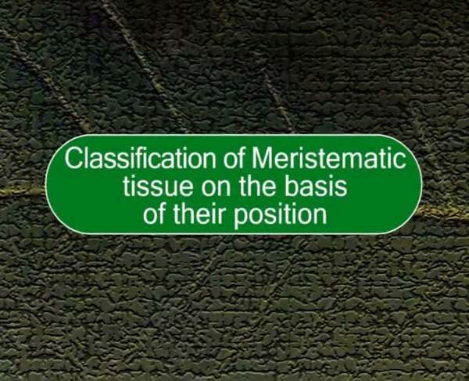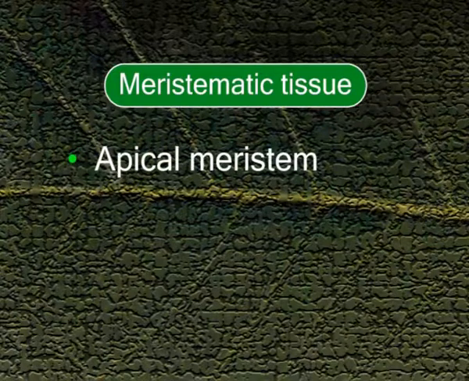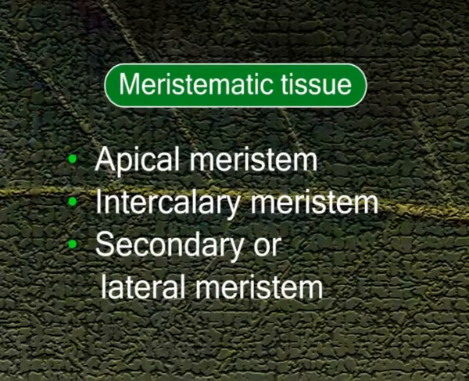Classification of meristematic tissues on the basis of their position. Depending on the region where they are present, meristematic tissues can be classified as apical meristem, intercalary meristem, secondary or lateral meristem.